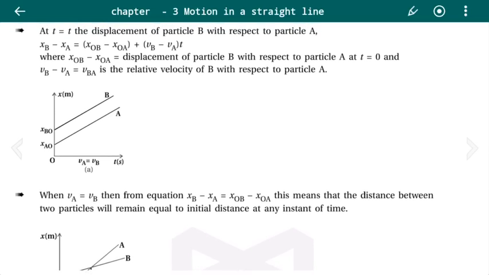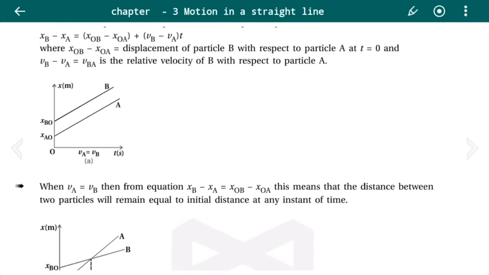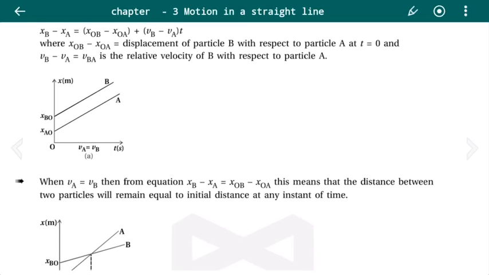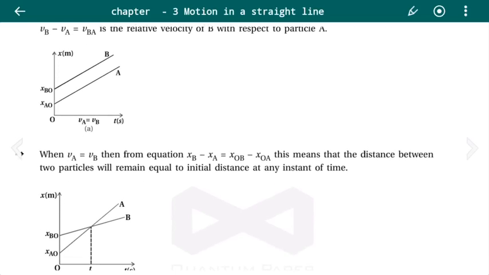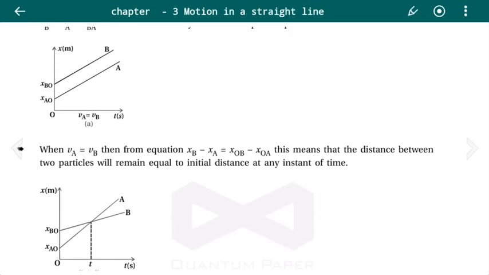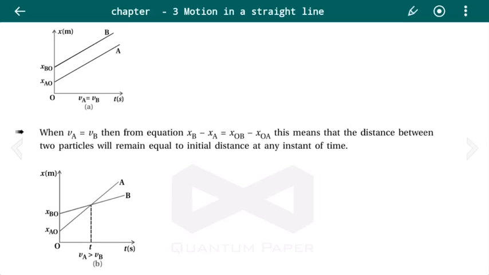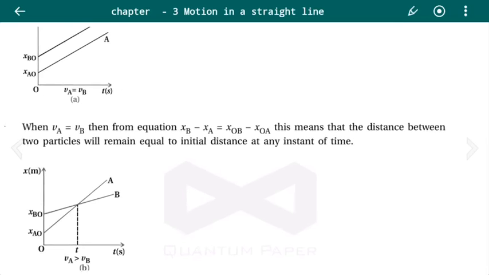As we have already seen, the velocities of both the particles are the same. That means the change in position for both the particles will be the same at equal intervals of time, equal change of position for both the particles.